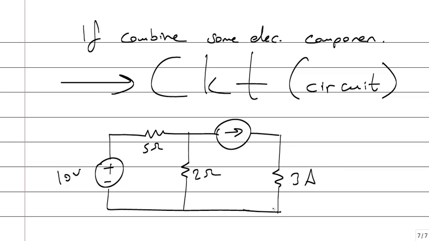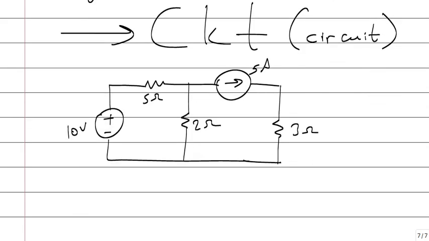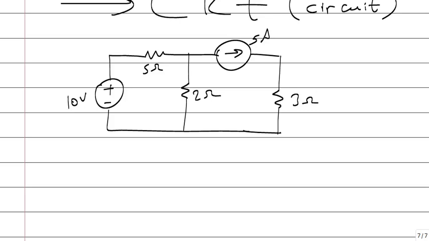If you write 3 amps, it will be wrong. And 5 amps. If you see something like that, is it correct? Yes, it's correct. It says I don't know the voltage of the voltage source, but I know the current, 5 amps. It's not a problem. So the value of the voltage source is 10 volts, let me say. This is my circuit.